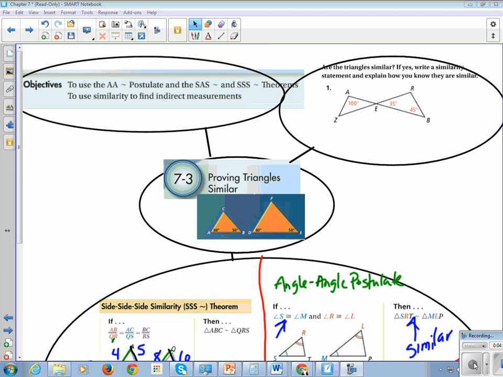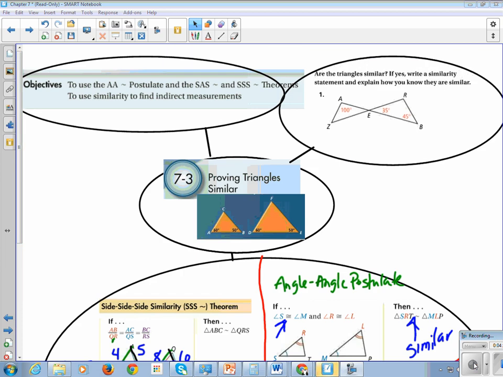All right, so if we look at this problem, are the triangles similar? If yes, write a similarity statement and explain how you know they are similar. So I have two triangles here. This one is 100, this is 35, this one's 45, and I have to somehow figure out if they're similar. Am I given any information about the side lengths of the triangle?